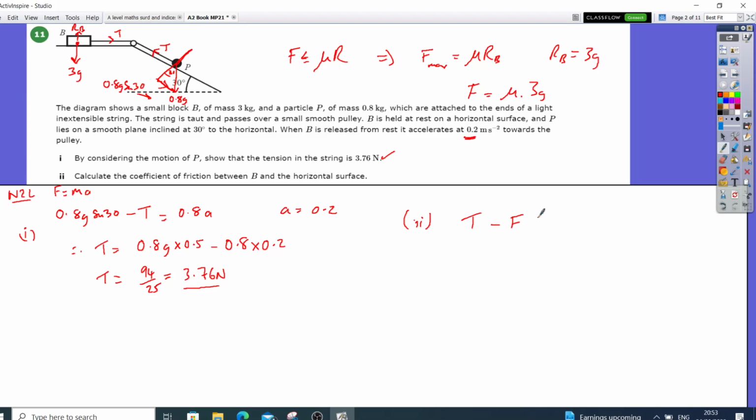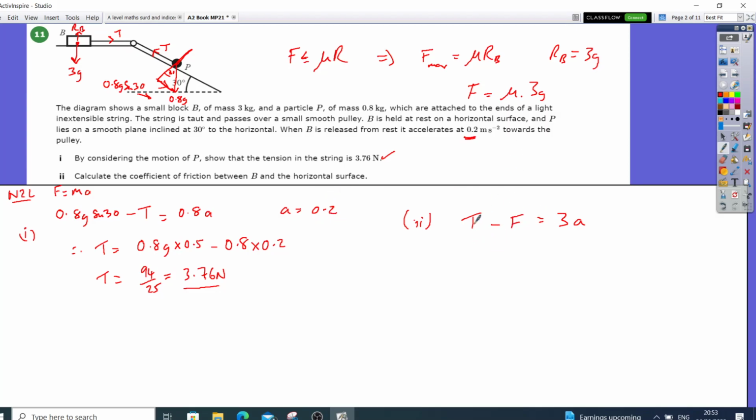Since B is moving, that's Newton's second law: the resultant force equals mass times acceleration. Mass in this case is 3, times a.